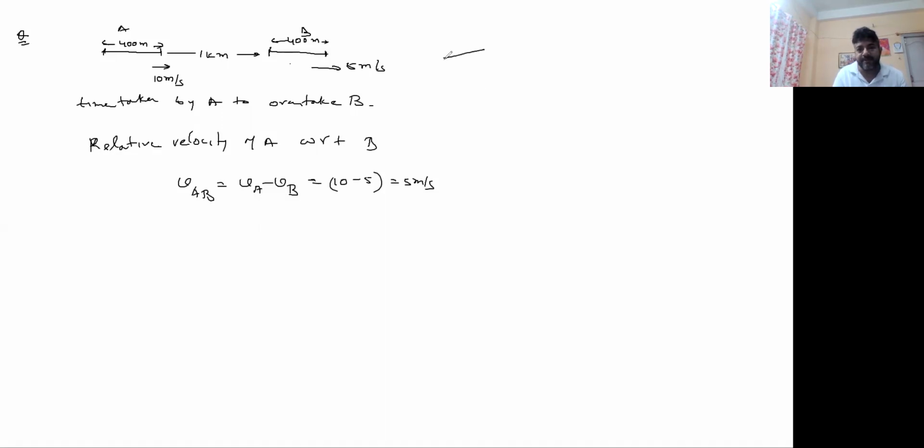Suppose this is A and this is B. If the train is here, it's not the overtaking condition. If the train is here, not the overtaking condition. When the train is here, then it is the overtaking condition, so from here it is 1 kilometer and the lengths. So to overtake B, the distance traveled is that.